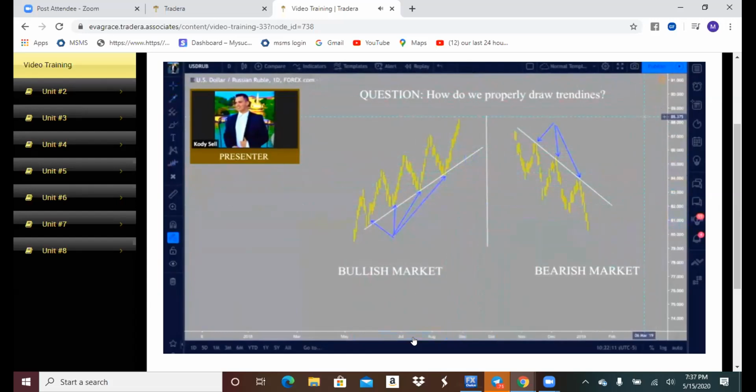Think about that when you go into the markets and you're trying to figure out what you need to be connecting. Ask yourself if drawing the trend line there will actually help you in trend identification. Similarly, over here in this bearish market, we know that when this resistance breaks above our head, that means that the trend has changed. We are now going to be going bullish based on our understanding of support and resistance.